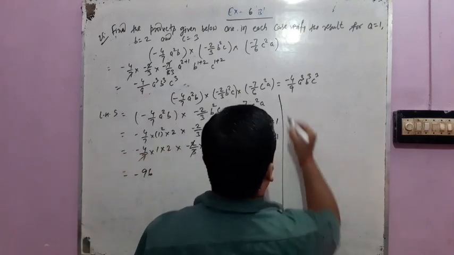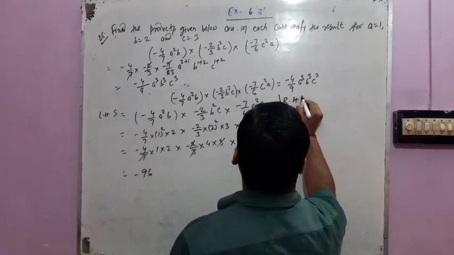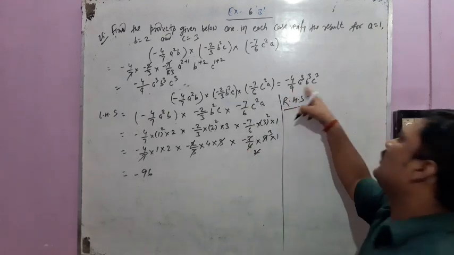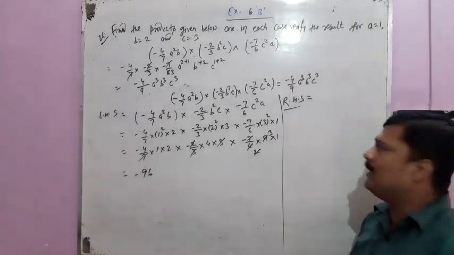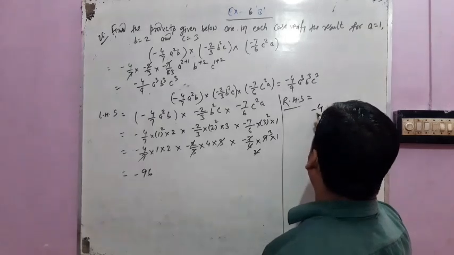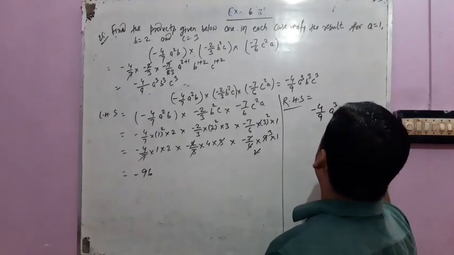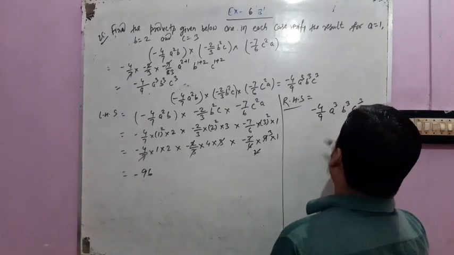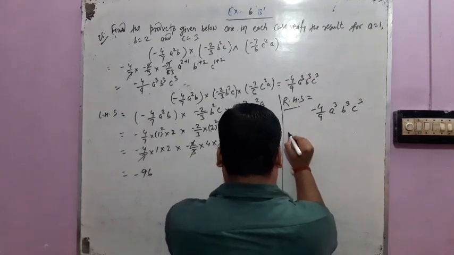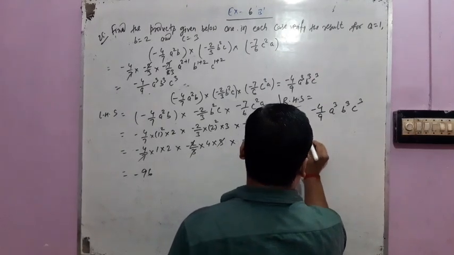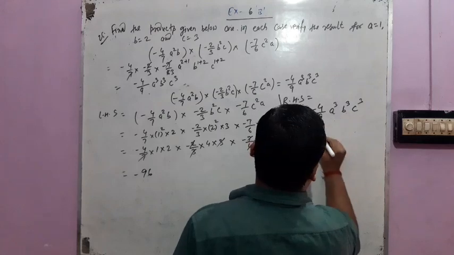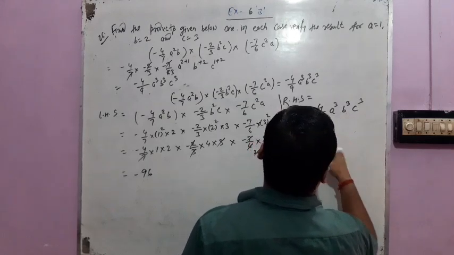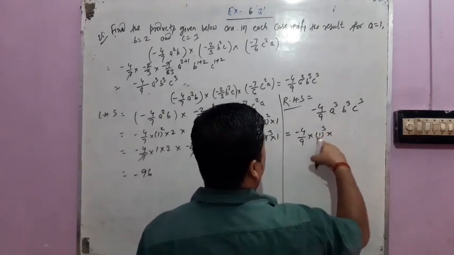Now we have to solve the RHS separately here. This one is the RHS, the product that we got by multiplying: minus 4 by 9 A cube, B cube and C cube. Here for the cube of A, we take the cube of 1 because the value of A is 1.